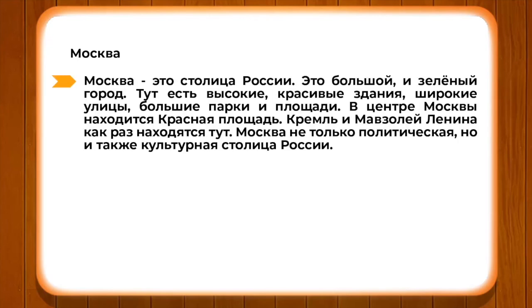So, the title of the text is Moscow, or Москва. Please pay attention. First, I will read it in Russian so that you have a fair idea about the tone and texture of the language, and then we will discuss the text one by one. Москва – это столица России. Это большой и зеленый город.